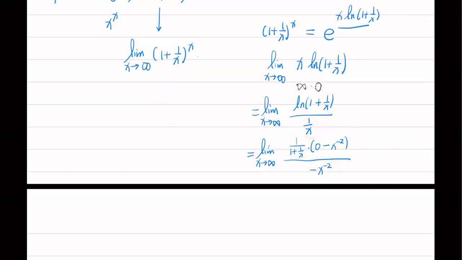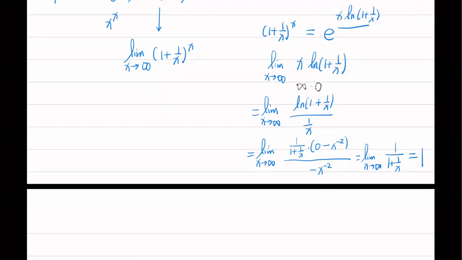All right. They cancel each other. Only this left. Okay, so what's this limit? As x goes to infinity, 1 over x goes to 0, then 1 plus 0, 1 over this is 1.